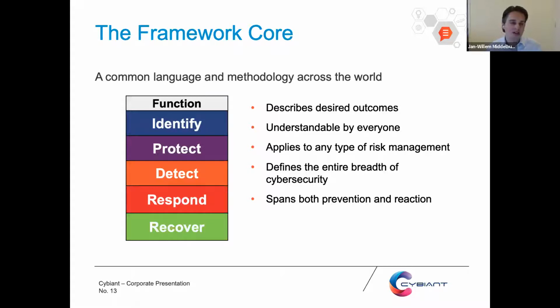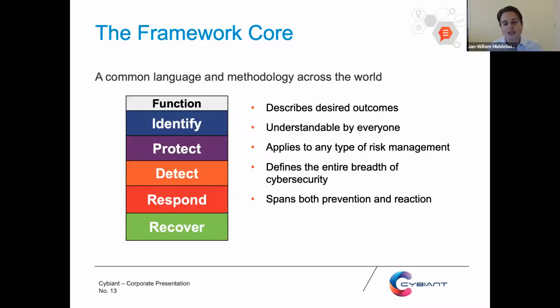Meaning if your organization has a very high risk appetite, you could still use certain elements of the framework. If your organization needs to have very strong cybersecurity practices because you're dealing with a lot of proprietary or confidential information, you can still use the same elements of the framework in order to identify threats and take measures accordingly.